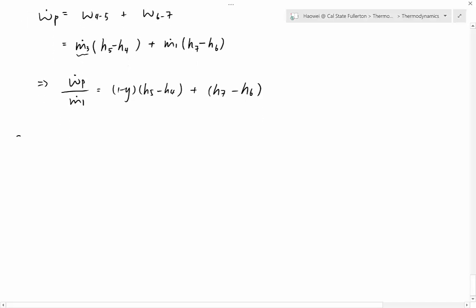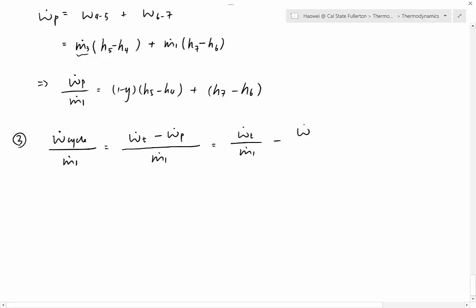Okay, and then number 3, what is the net amount of work that the system can generate? W dot cycle over m dot 1 is equal to W dot turbine, work generated, minus W dot P, work consumed, divided by m dot 1. So this equation becomes W dot T over m dot 1 minus W dot P over m dot 1, and we derived the equation for each one of them.